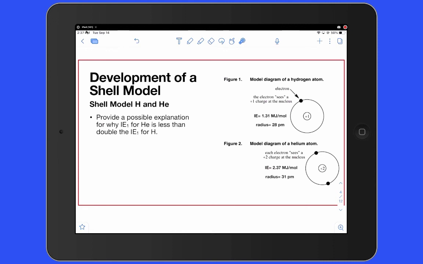So 1.31 times 2 would be 2.62, correct? So that small change in distance isn't explaining why it's so far away from being double. There's something else going on in this atom that would make it easier to remove those electrons.